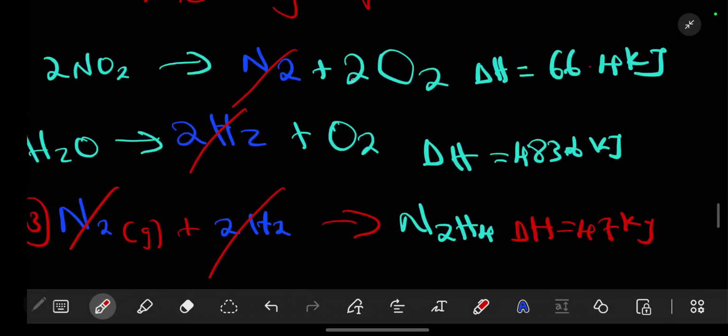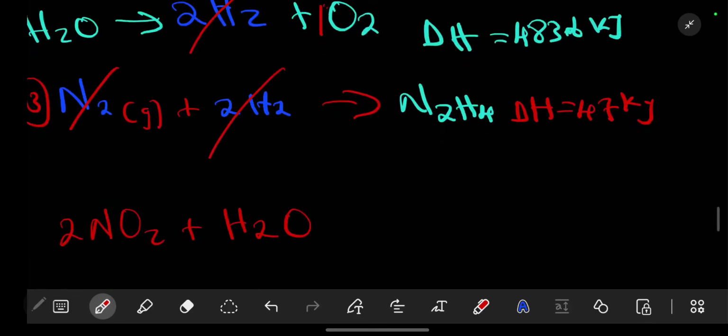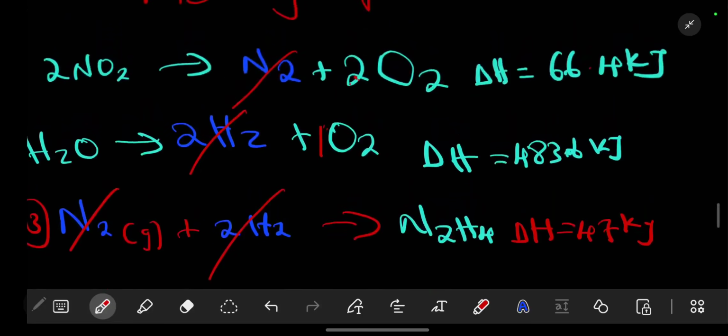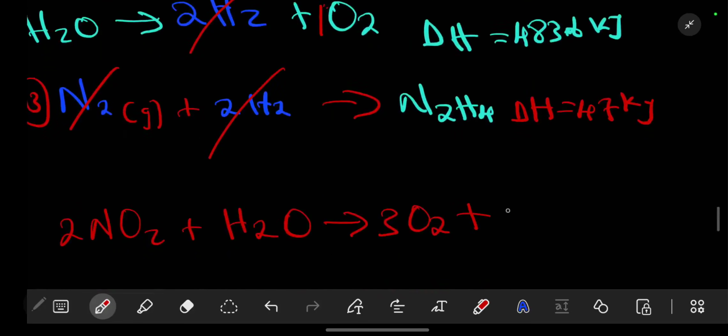Then on the other side, you have your 2 plus 1. So this is both oxygen. 2 plus 1 is 3. So we are going to say it should produce 3O2 plus our N2H4, like this.